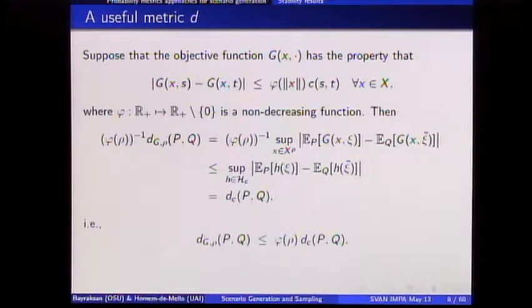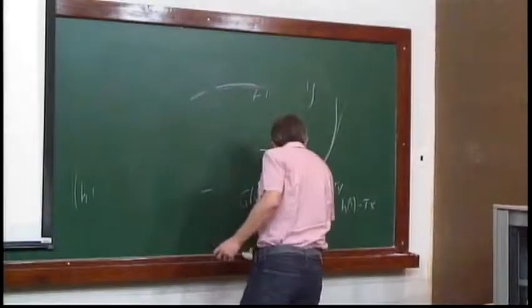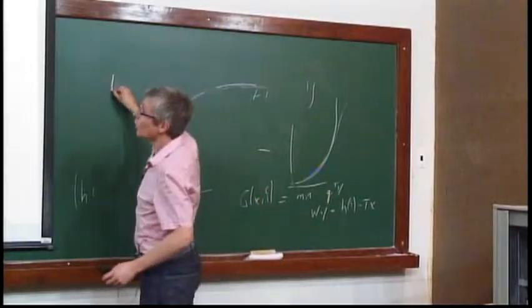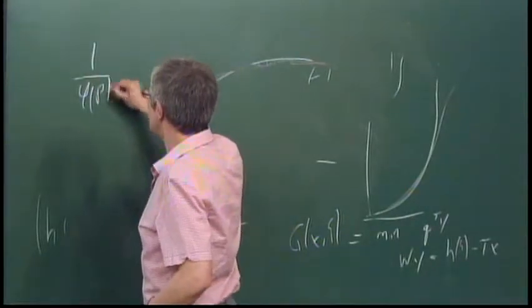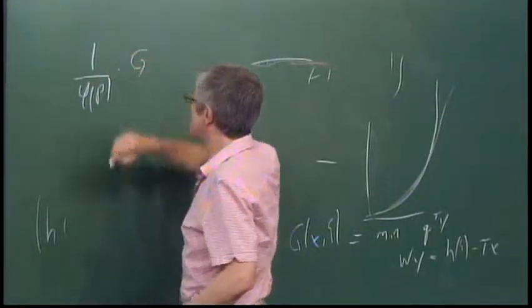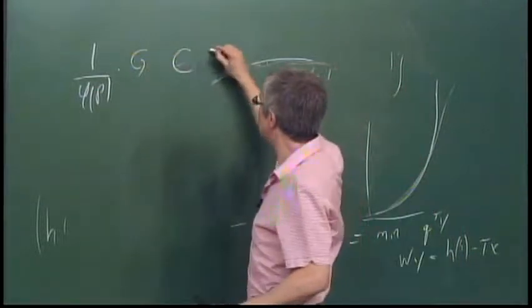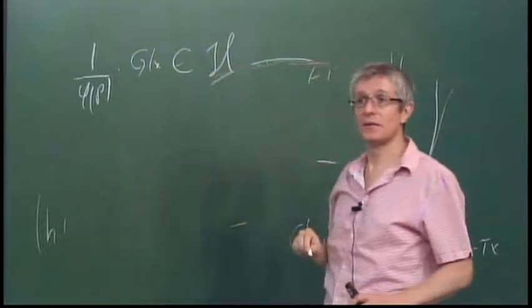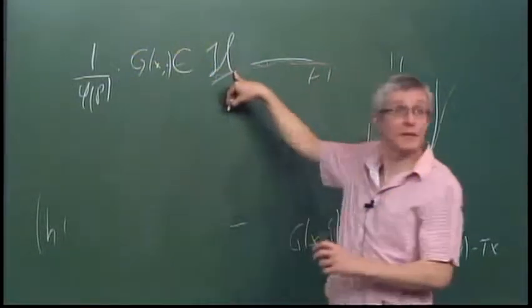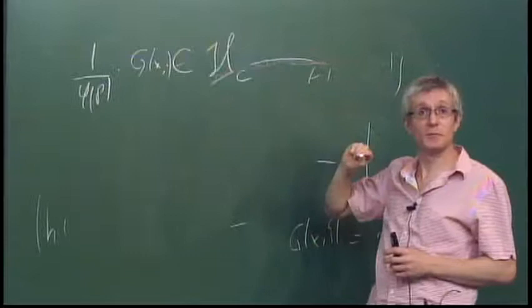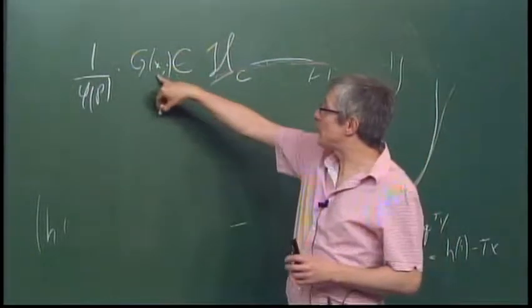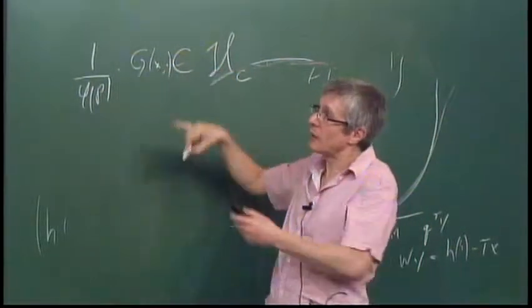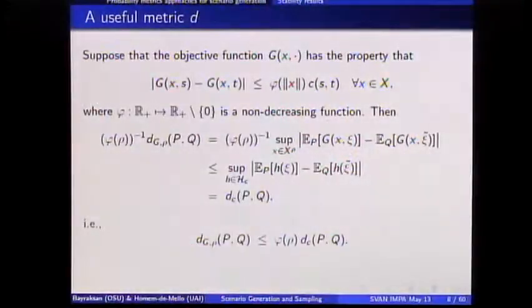The consequence of dividing by phi rho is that 1 over phi rho times G is a function that belongs to the class. For a fixed X, this function here is in the class HC. But this is for fixed X, so this is one particular function. Taking the supremum over all X's is a particular case of taking the supremum over all functions in HC.